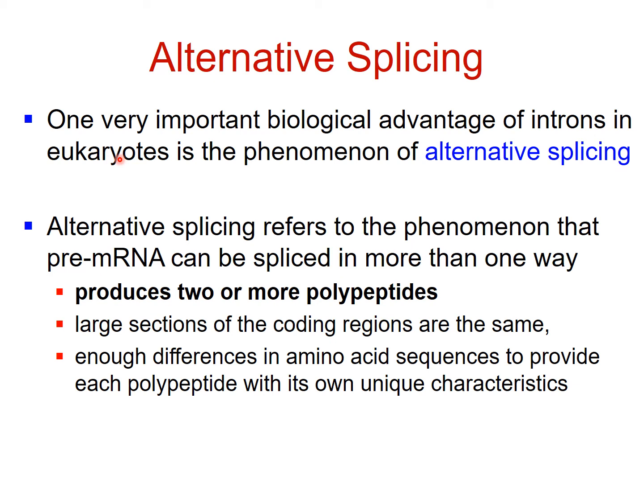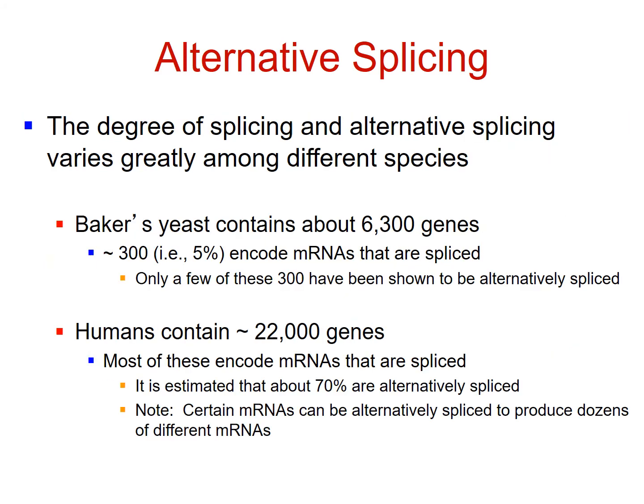So you get multiple messenger RNAs coming out of one gene, depending on how they are spliced. Large portions will be the same, but there will be differences in amino acid sequences in these alternatively spliced messages, so that each of the resulting polypeptides will have unique characteristics.